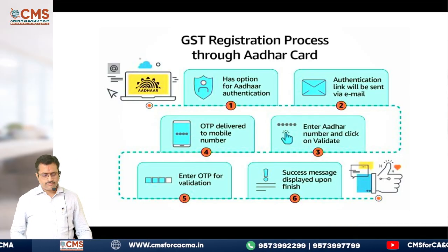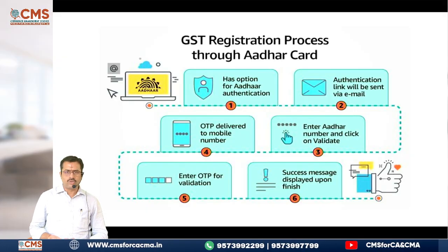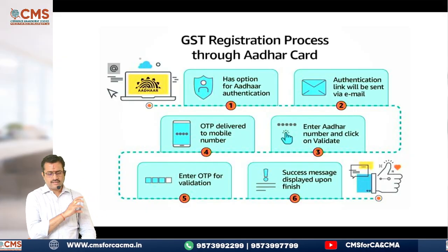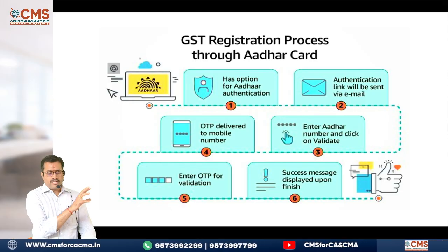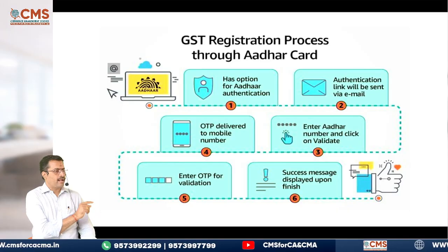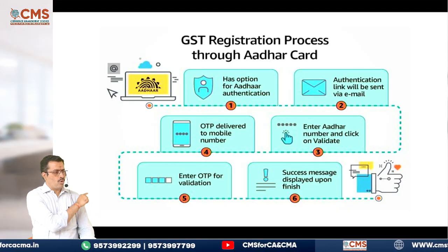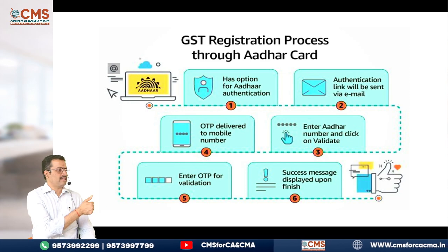Then, just for your knowledge, I have given you this image also, GST registration process through Aadhaar card. First, what will happen? He has an option for Aadhaar authentication. Authentication link will be sent via email. Then next, what he has to do? Enter Aadhaar number and click submit. OTP will come. Then enter the OTP and validate it. Then a success message will come.